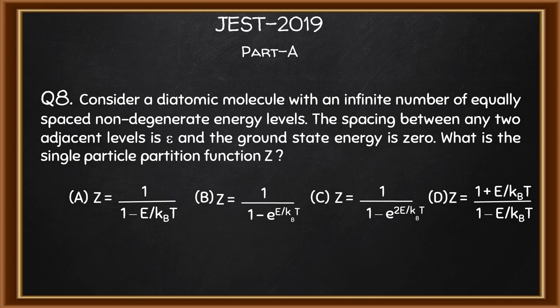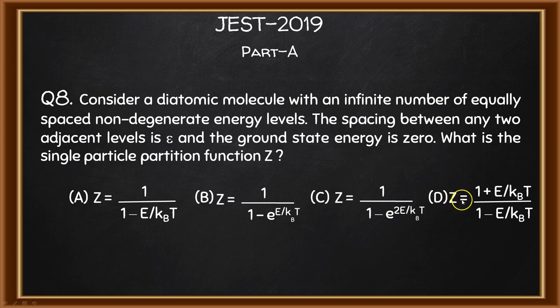Option A is Z equal to 1 divided by 1 minus E divided by kBT. Option B is Z equal to 1 divided by 1 minus e to the power E by kBT. C is Z equal to 1 divided by 1 minus e to the power 2E by kBT.